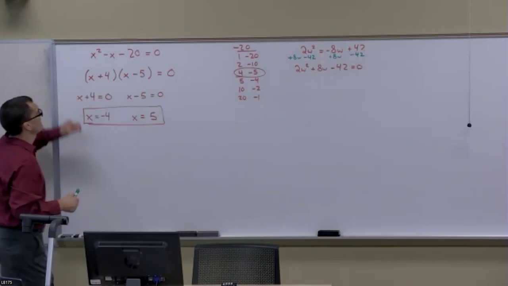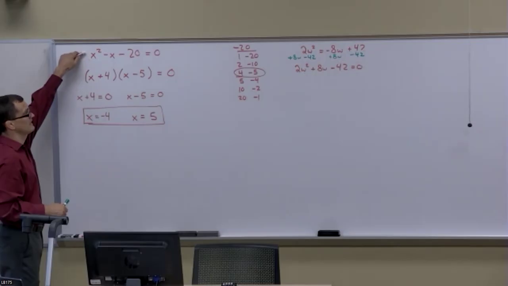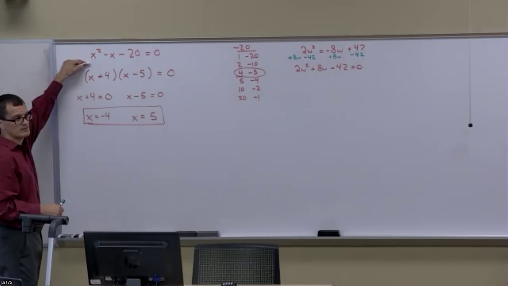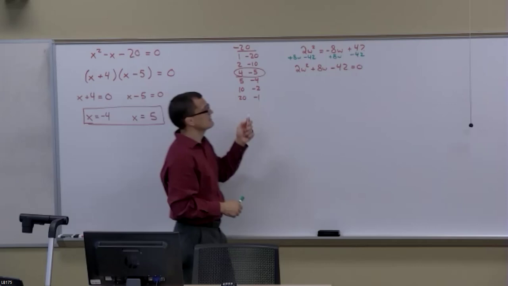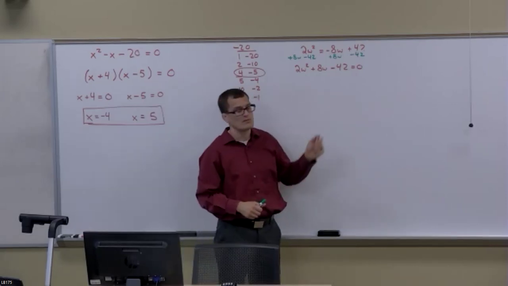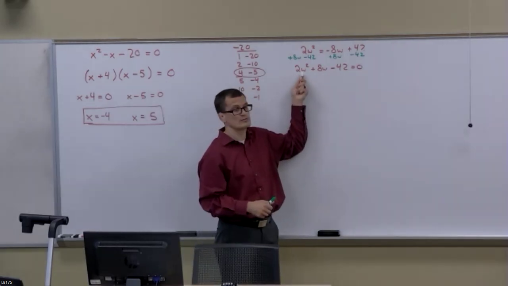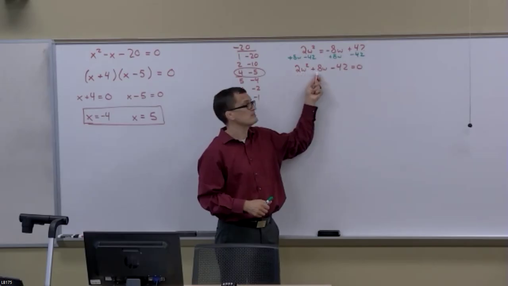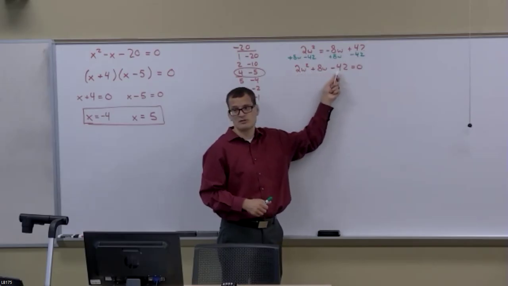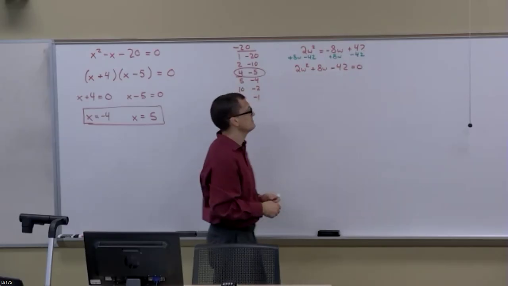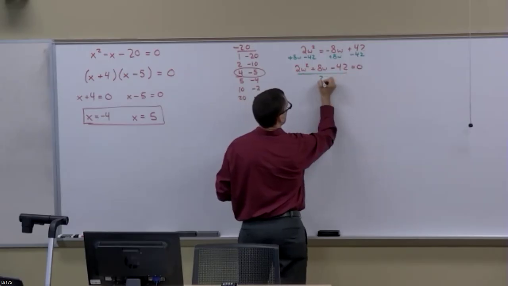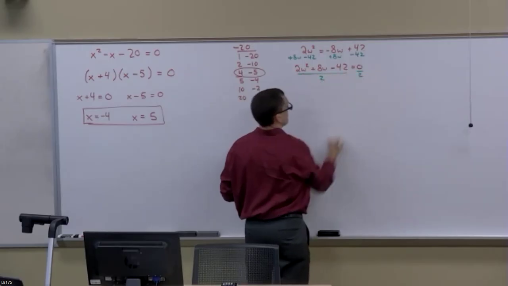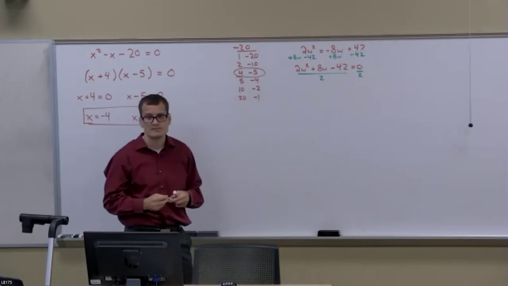Now, I really like it when I have a 1 in front of the squared term. In this case, I have a 2 in front of the squared term. But notice that the 8 and the 42 are also divisible by 2. So in this particular case, I can divide both sides by 2.